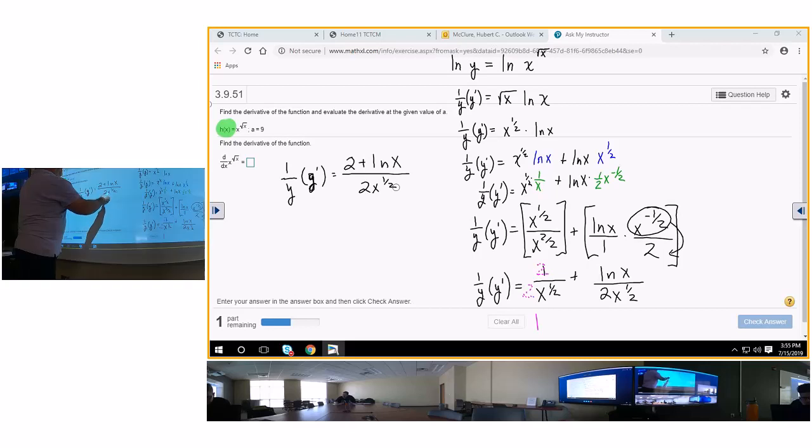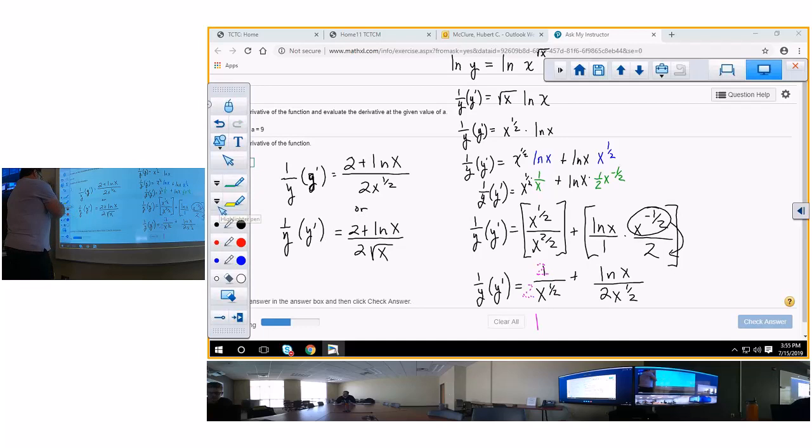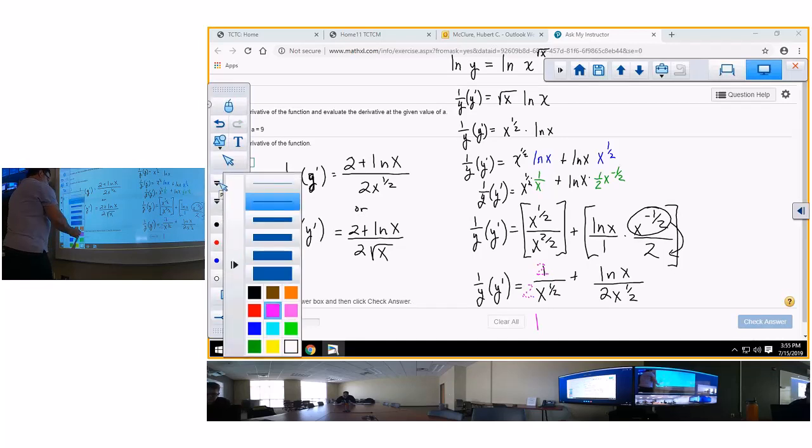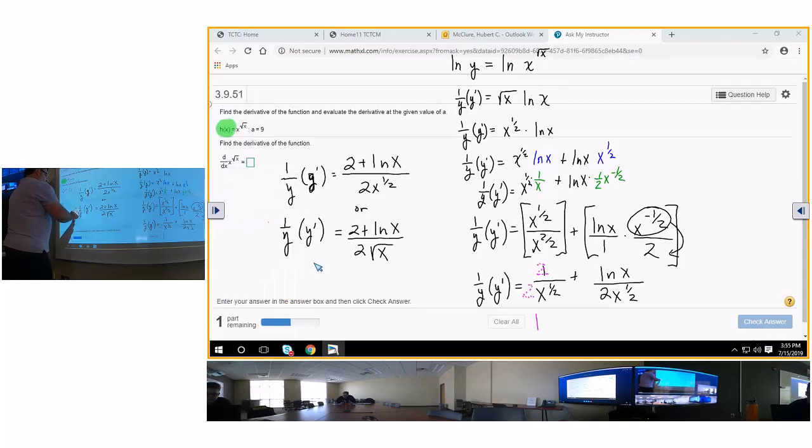If you want to put this in a radical, or 2 plus the natural log of x over 2 times the square root of x. But we still got to multiply by what? We still got to multiply by y. Take our handy dandy burnt orange. So we're going to multiply by y on this side. We've got to multiply by y on this side.